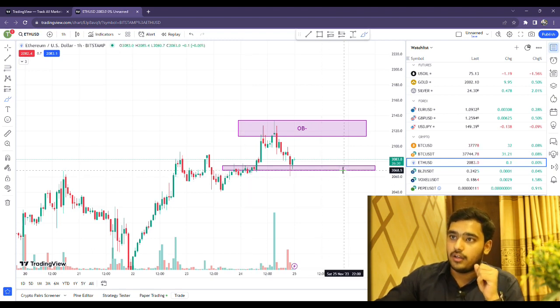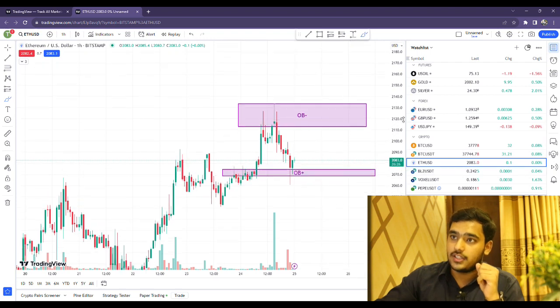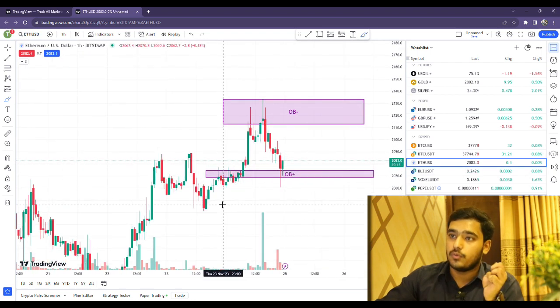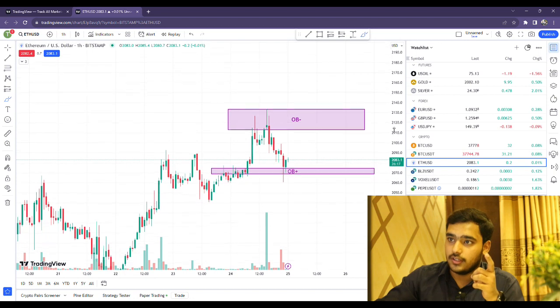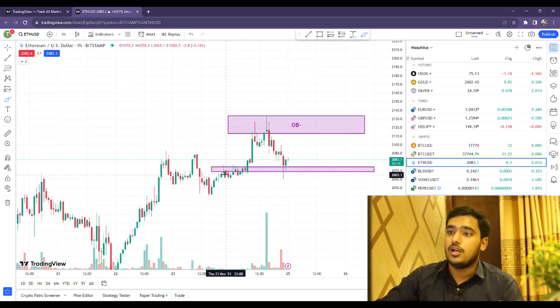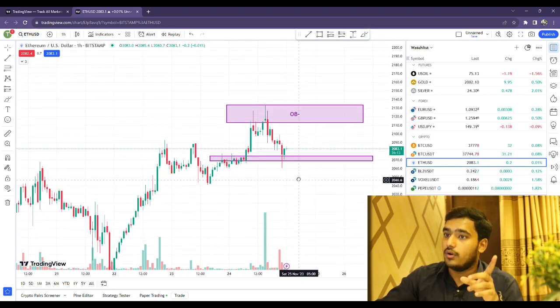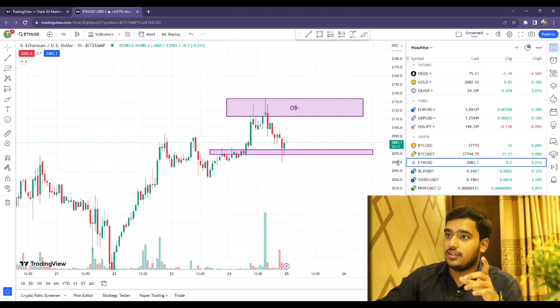But what happened here, the market didn't retest that area, and instead of more pump, we saw the choke in the market, which is the change of character, and we retested that area and we saw the dump in the market.